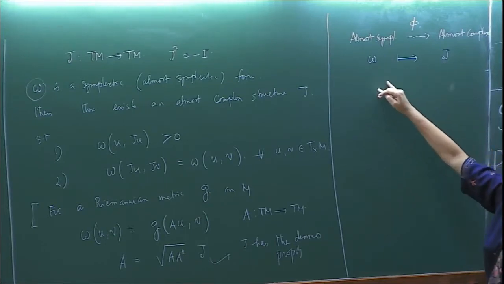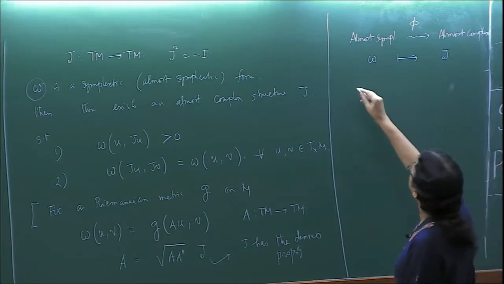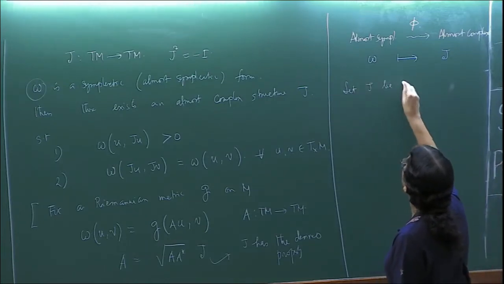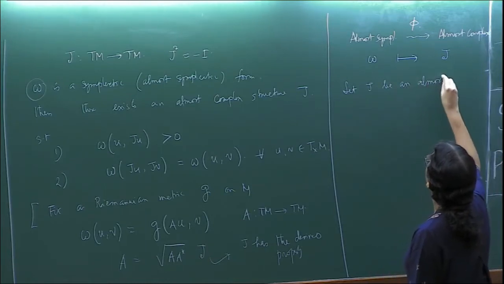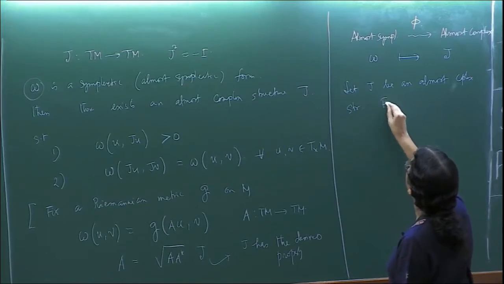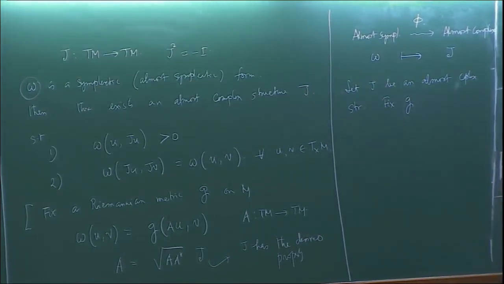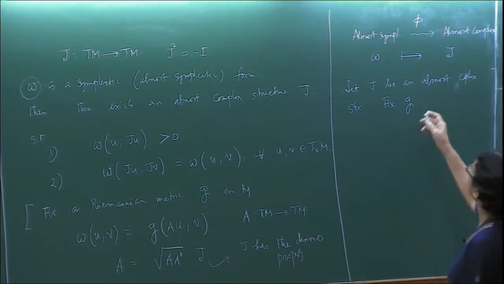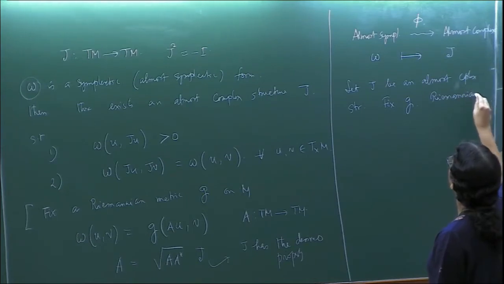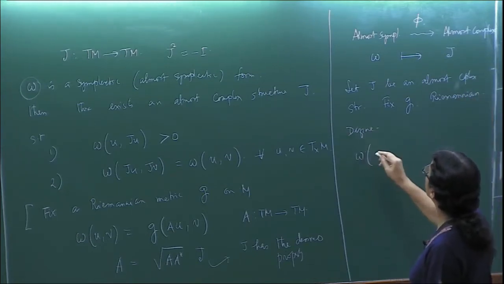So how to reverse this path? Now suppose we start with J. Let J be an almost complex structure, fix some G, Riemannian metric, then define omega by this.